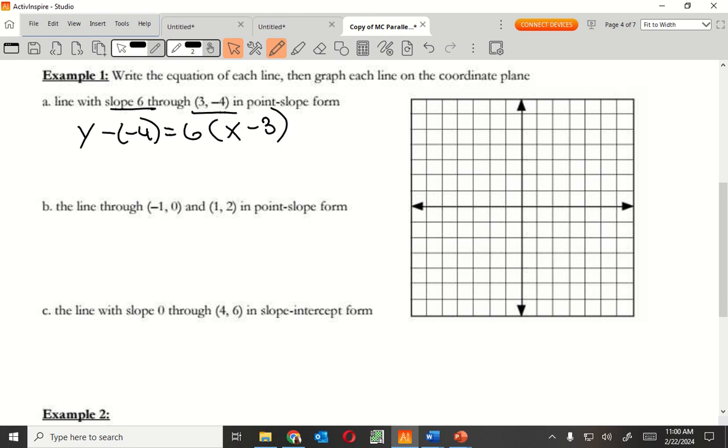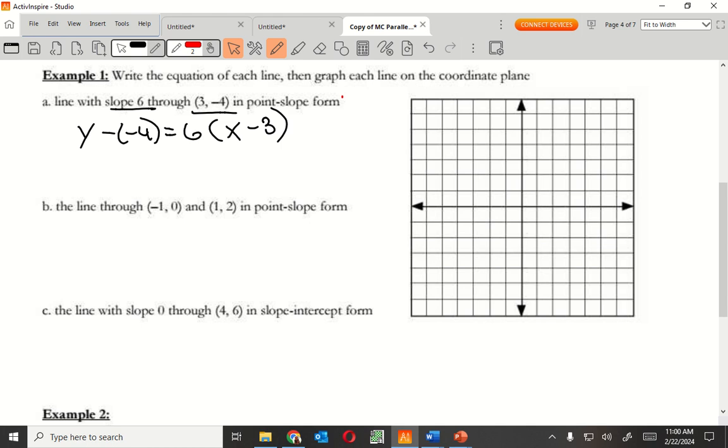So that right there, my answer is correct. It is in point slope. So that part is done. Now, to be able to graph it, it doesn't graph very well. Or maybe it does. Now, instead of actually doing more algebra over here, I'm going to show you a neat trick.